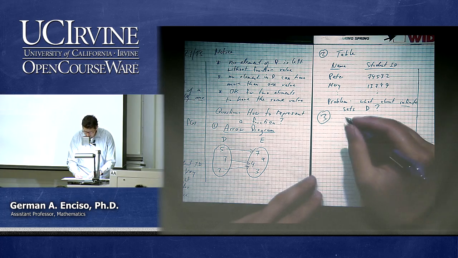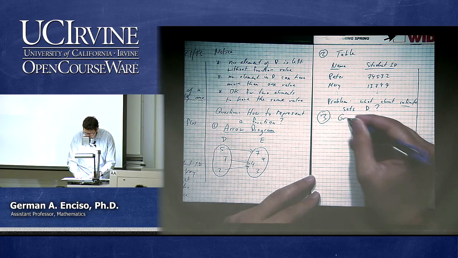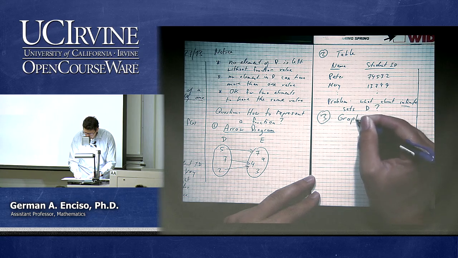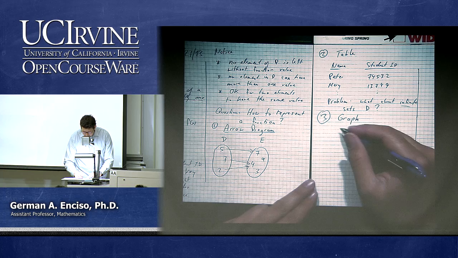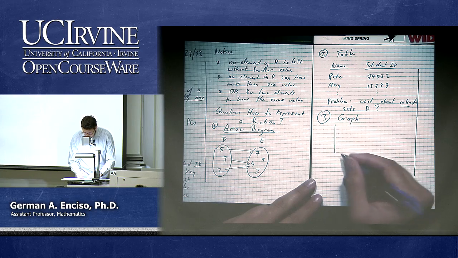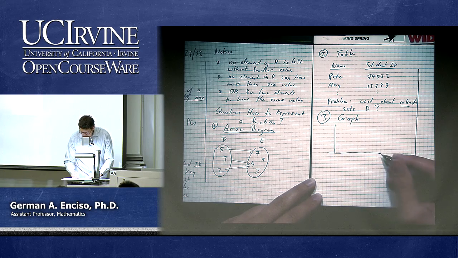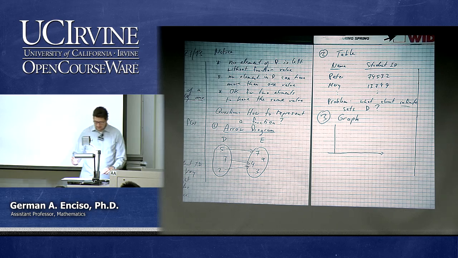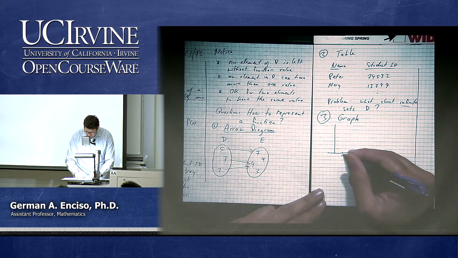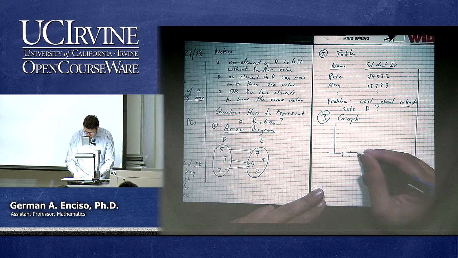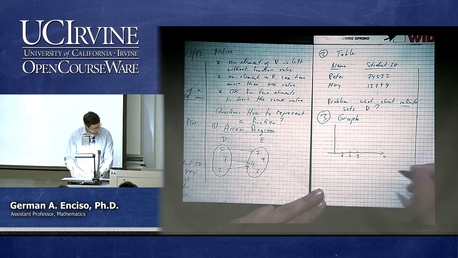Okay? So a graph works as follows. And I know you guys have probably seen it before, but I'm still going to tell you. You put here the x values. For example, 1, 2, 3, and so on and so forth.